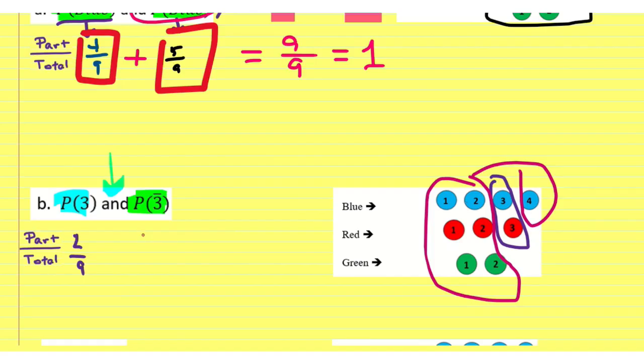The complement is going to be 7 out of 9. And again, complements add up. So 2 plus 7 would give you 9 out of 9, and that would be one whole bag of marbles. So the probability of a 3 is 2 out of 9, and the probability of not a 3 is 7 out of 9.